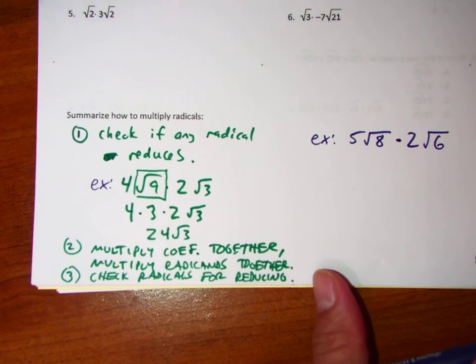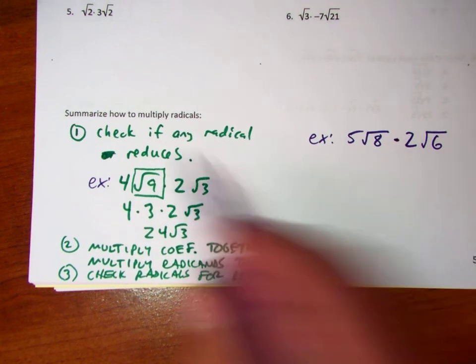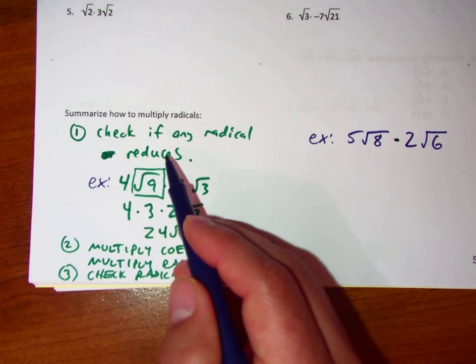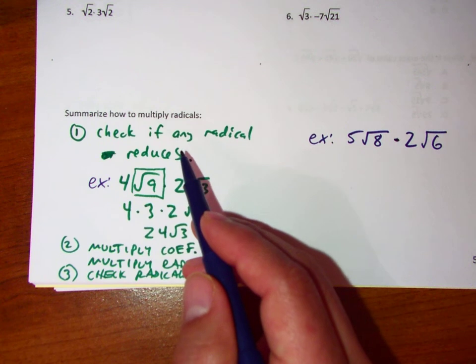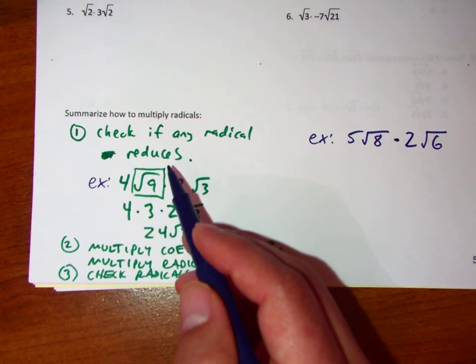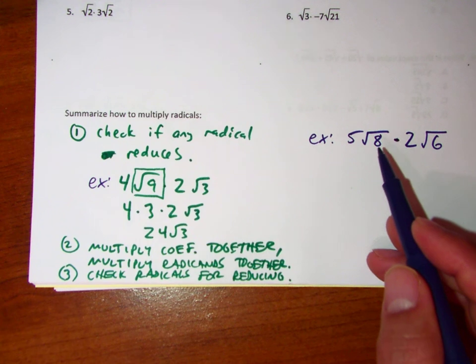Okay, so first I would check to see if any radical reduces. And look, even if you miss this opportunity, you can still figure it out at the end. So don't worry, and I'll even make that mistake right now.